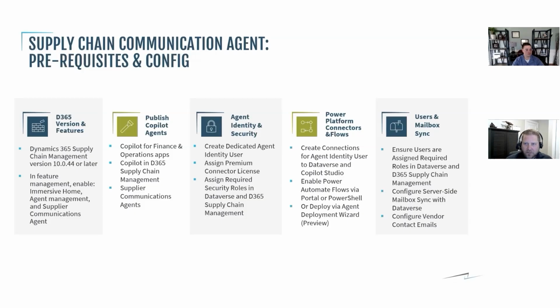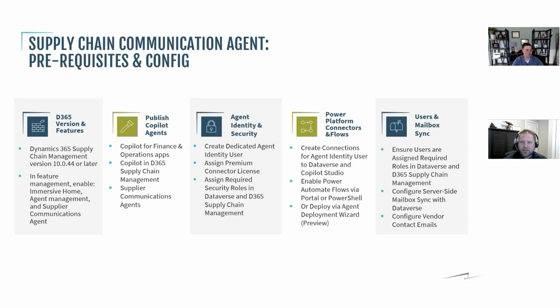Here's a quick summary of the configuration and setup of the supplier communication agent. First, you need to be on version 10.44 or higher with the features enabled. These features are still in preview currently. Then you need to publish the Copilot agents in Copilot Studio in the Power Platform and create an identity for the agents to use.